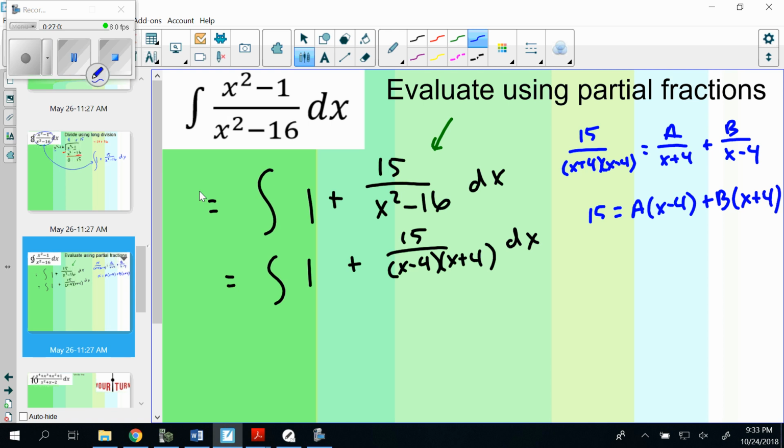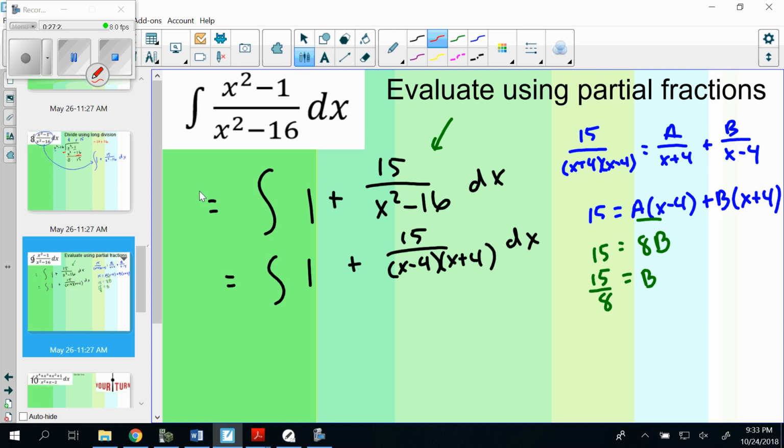Look at the two numbers that would make that 0, 4 and negative 4. If we were to plug 4 in, we'd get 15 equals, this would just be gone, that'd be 0 if we put 4 in. The other one would be 8b. So looks like b is 15 eighths.